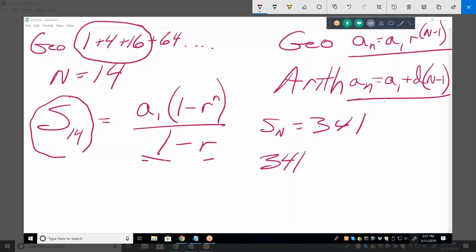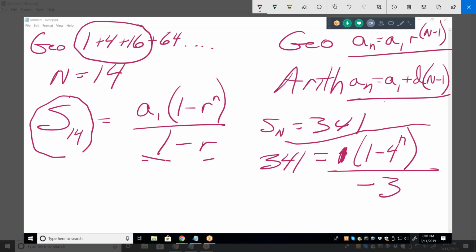341, that's S sub n, equals, well, I know S sub n is A sub 1, which is 1, times 1 minus 4 to the n, all over minus 3. So there's my equation, and I have to solve it for n. What am I going to need to solve it for n? Well, maybe, maybe not. Have you had logs? Yeah.